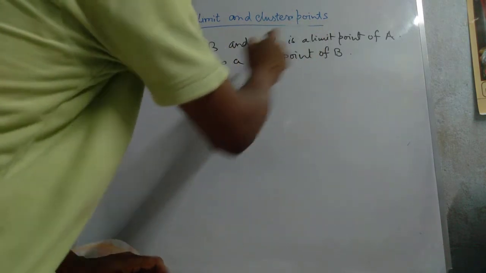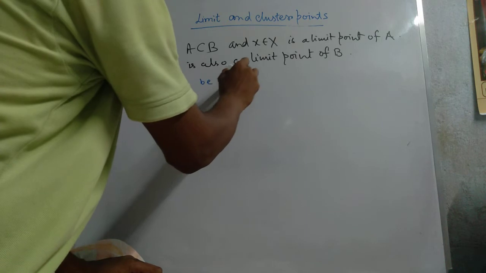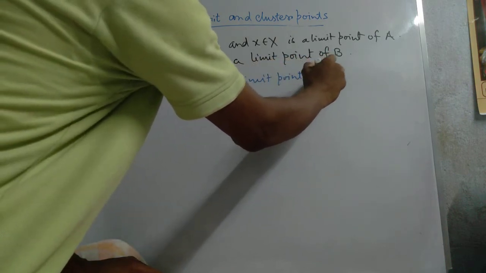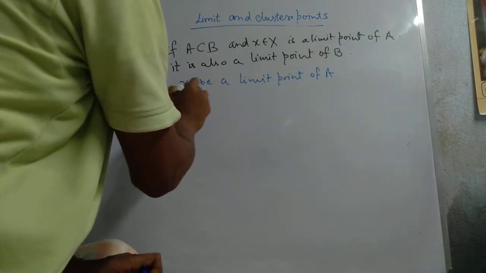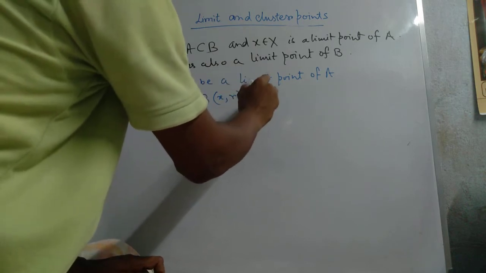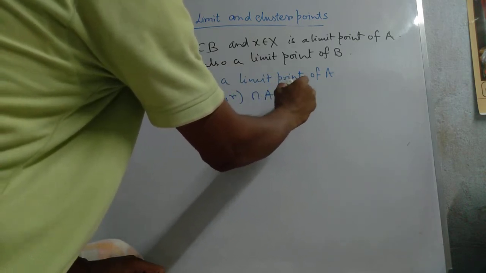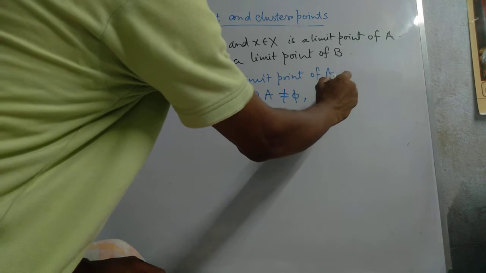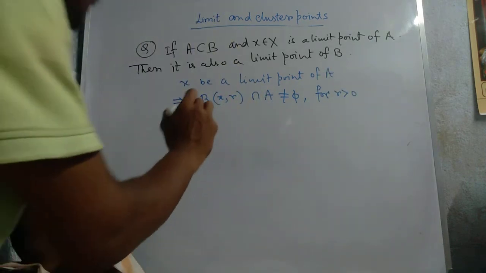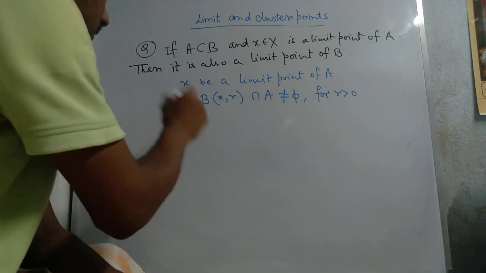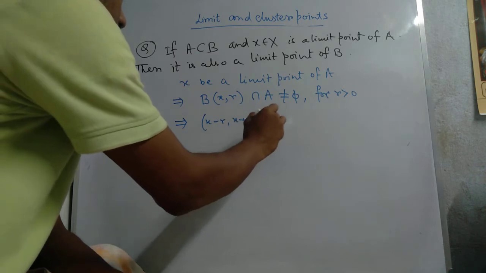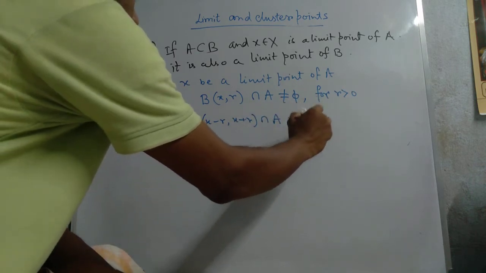We know that x is a limit point of A. This implies that we construct a ball B(x, r) intersection A not equal to empty set for r greater than 0. This implies that (x minus r, x plus r) intersection A not equal to empty set.